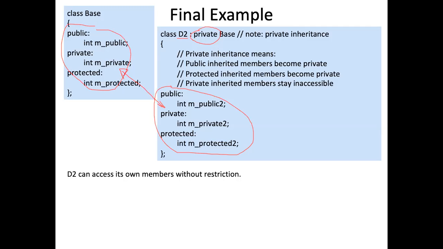Any object of type D2 is able to access underscore m underscore public 2 without any problem. लेकिन m underscore public accessible नहीं रहेगा, because ये inheritance जो है वो private inheritance है. तो m underscore public will become private, m underscore protected will become private, right? So this will become private. Okay.